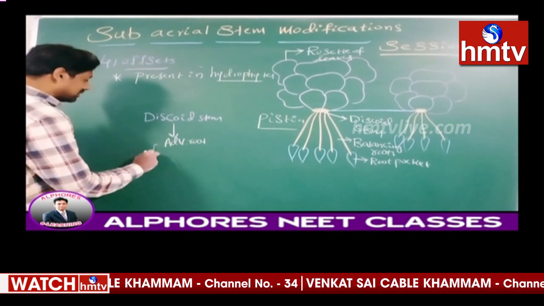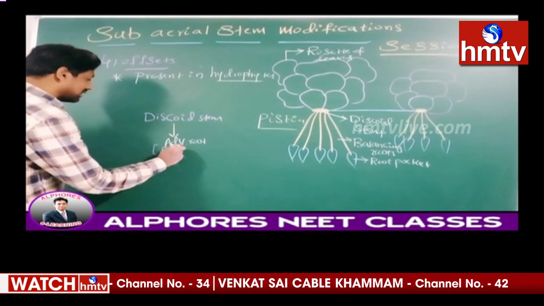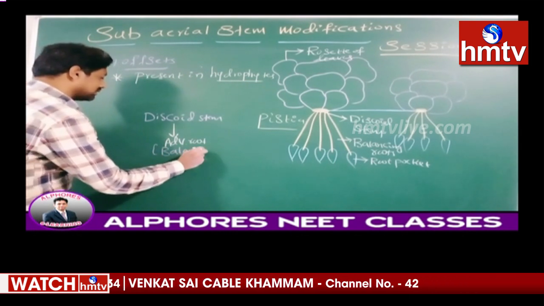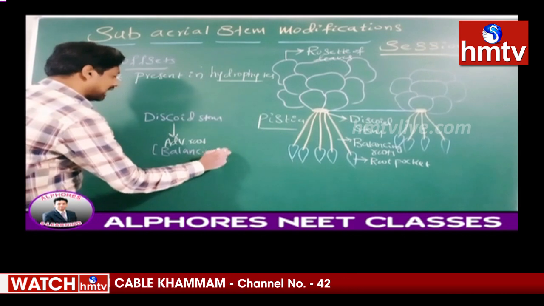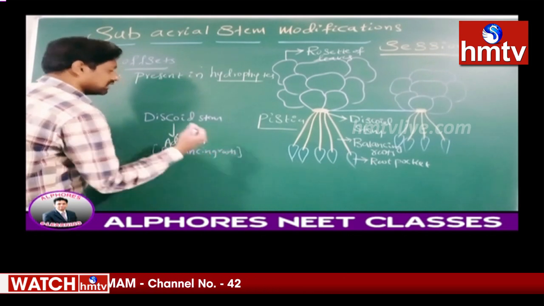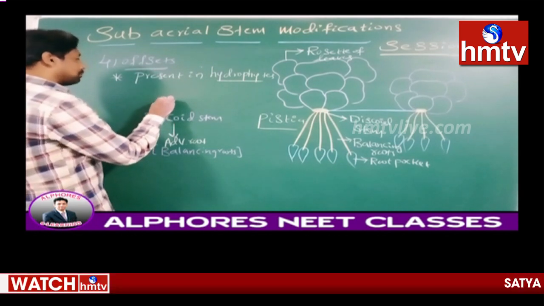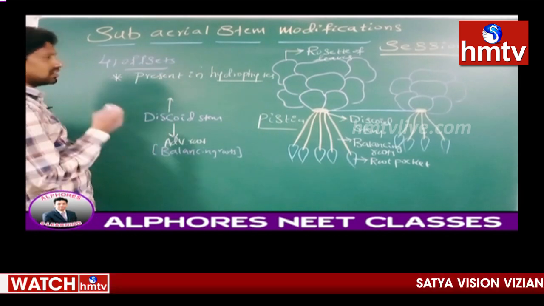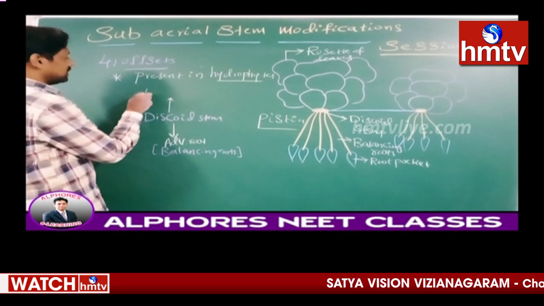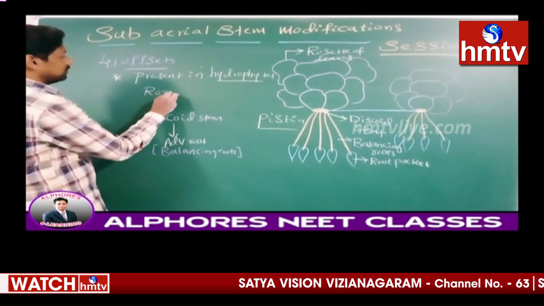We call these adventitious roots balancing roots. These balancing roots are provided with root pockets. On the upper surface of this discoid stem, a rosette of leaves is present.